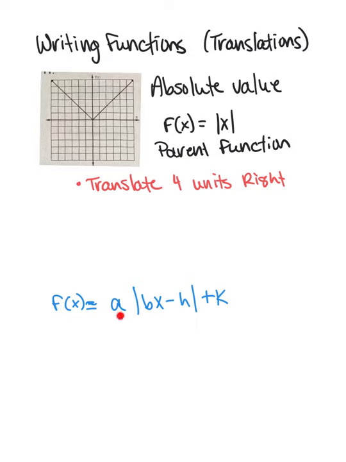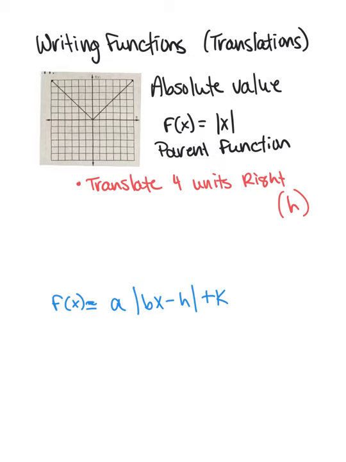A is my vertical compression or stretch, and this will actually reflect me over my x-axis. B is my horizontal stretch and compression, and this reflects me over my y-axis. H is my horizontal shift, so my left or right, and K is my vertical shift, so that's my up and down. So this tells me that I want to translate 4 units to the right, so this is going to shift my H value.